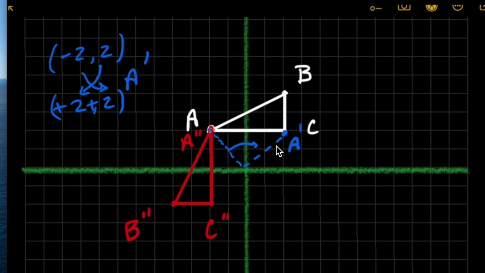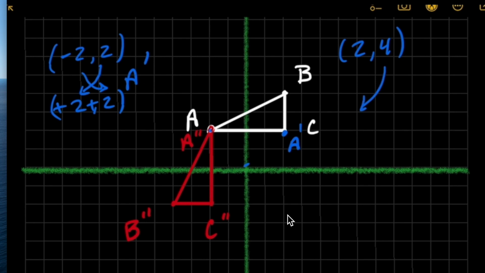Okay. Next, we're going to rotate point B 90 degrees clockwise. We're going to draw an imaginary line from B to the origin, and we're going to rotate that 90 degrees clockwise. That's going to bring us into the fourth quadrant. So the original B coordinates are 2, 4.